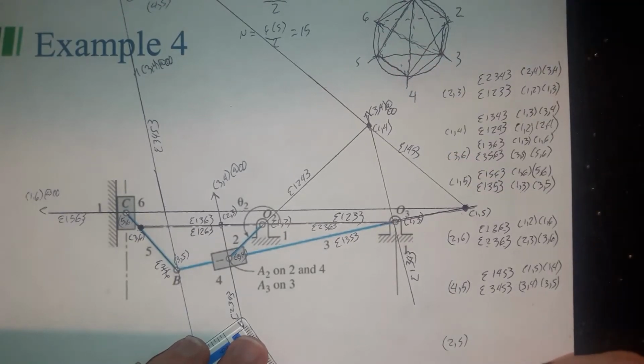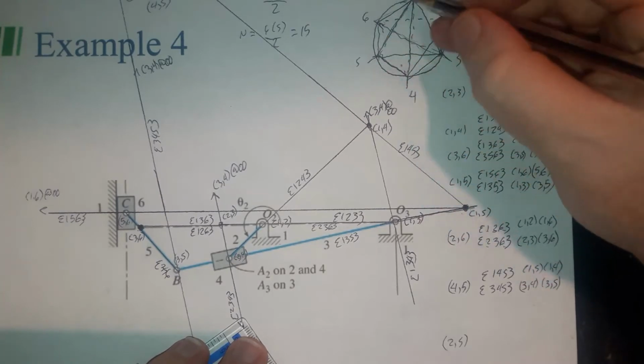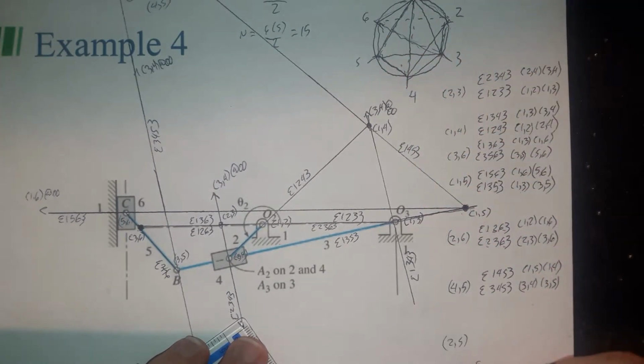Okay, and so the quadrilateral I'm looking at is 1, 4, 5, 6. So I will do 1, 4, 6 and 4, 5, 6. Remember the lines I use.